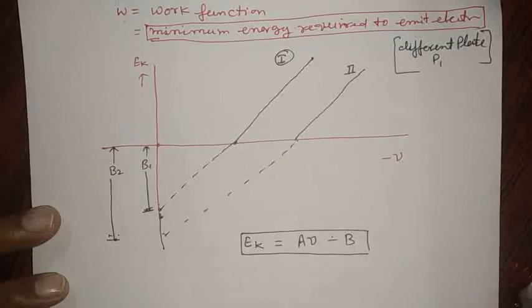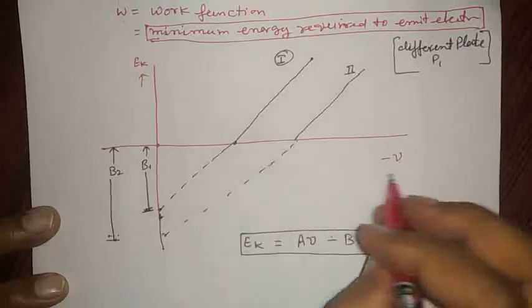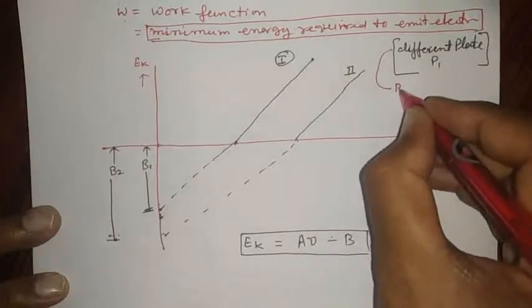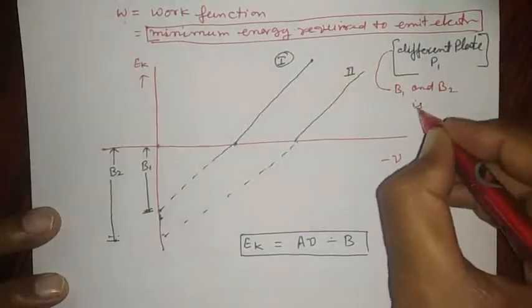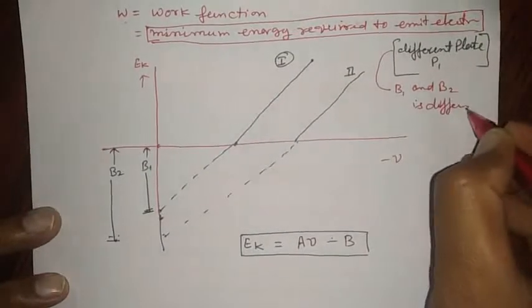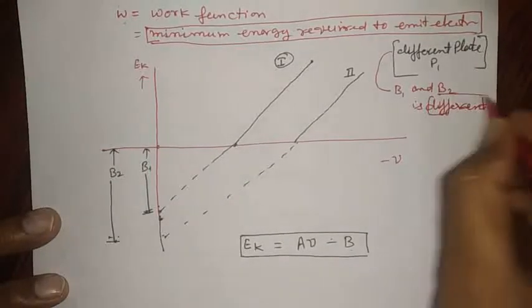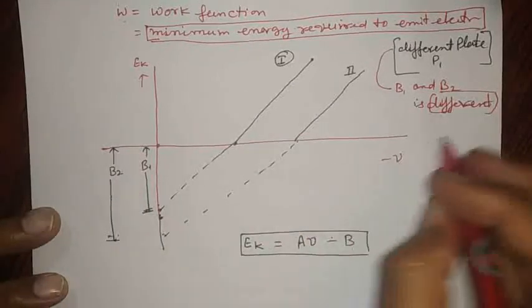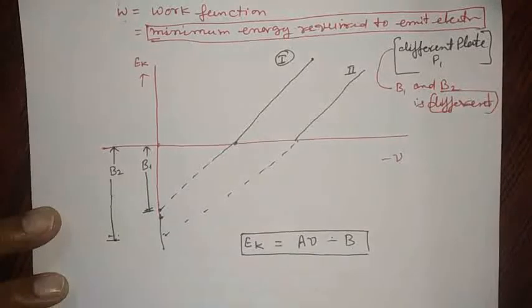This graph indicates B1 and B2 are different for different plates. It means that different metals have different work functions, W1 and W2.